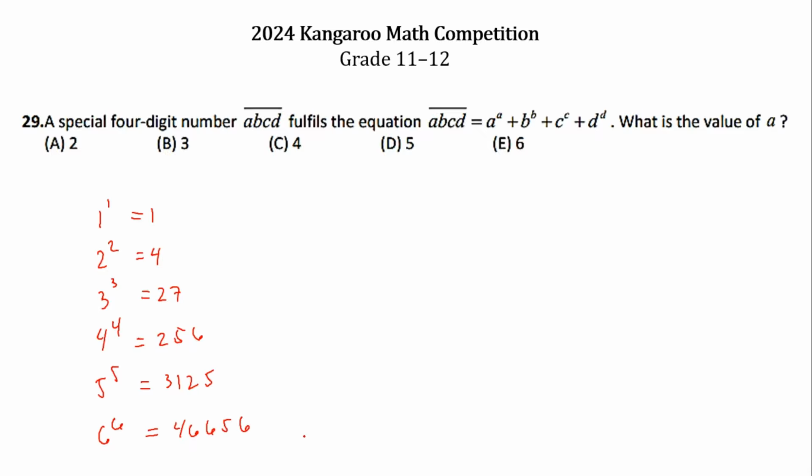So really what we are going to test are these numbers, from 1 raised to 1 up to 5 raised to 5, and see which one satisfies the condition. You can easily guess and check this one.